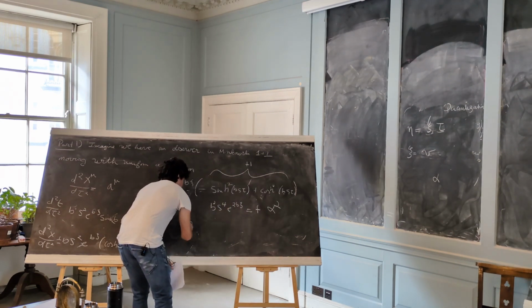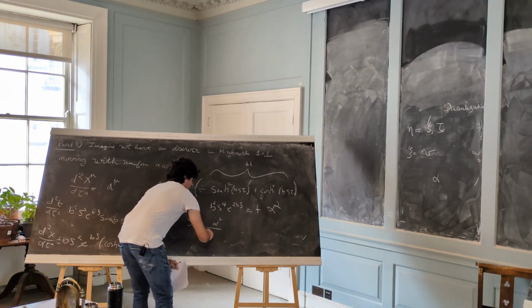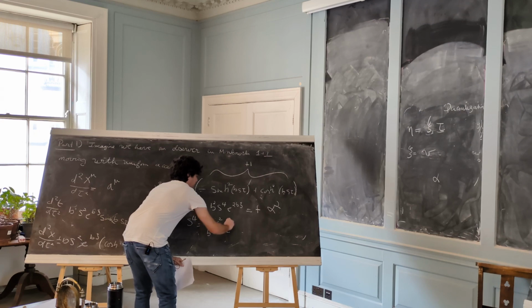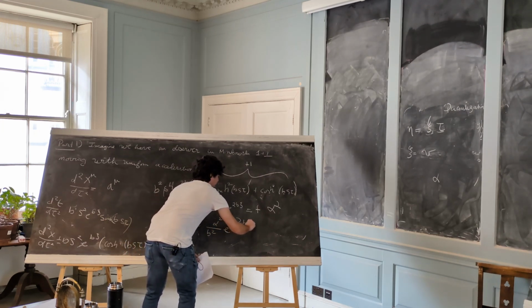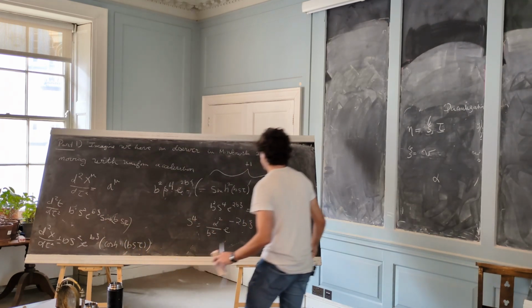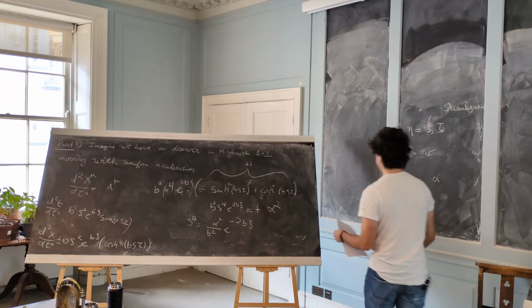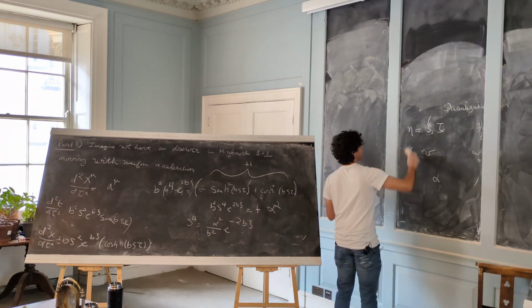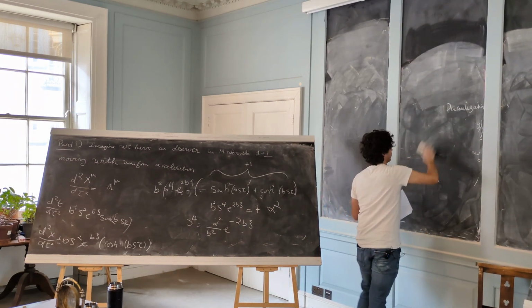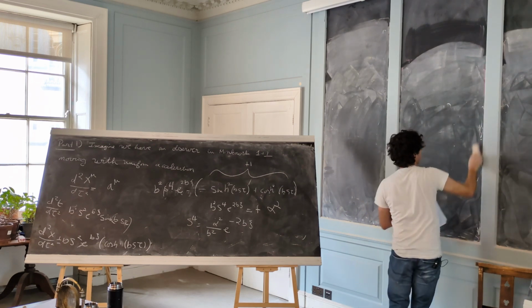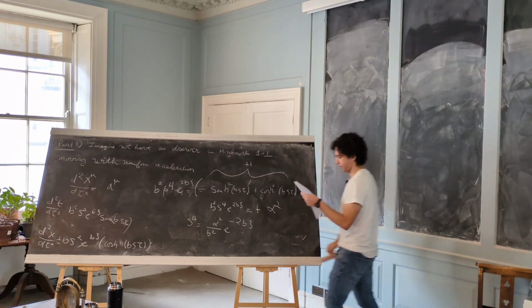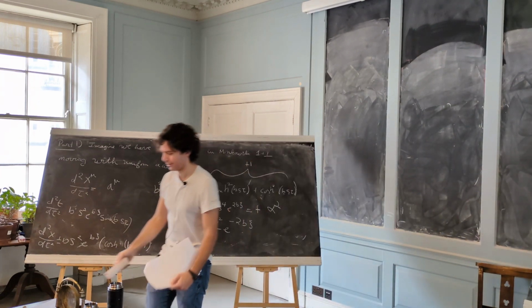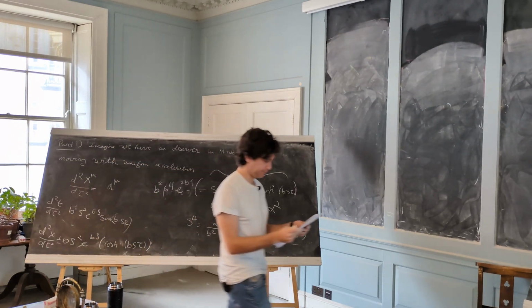So s to the 4th is equal to alpha squared over b squared e to the minus 2bc. Okay. So now we have a problem. How do we get rid of the xi dependence?